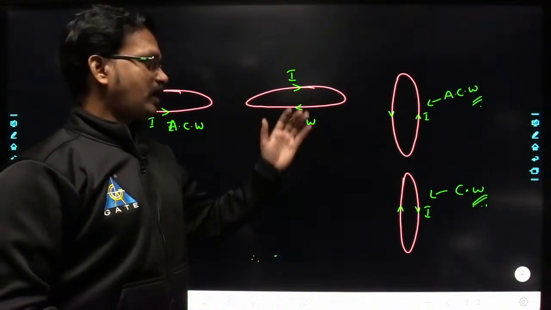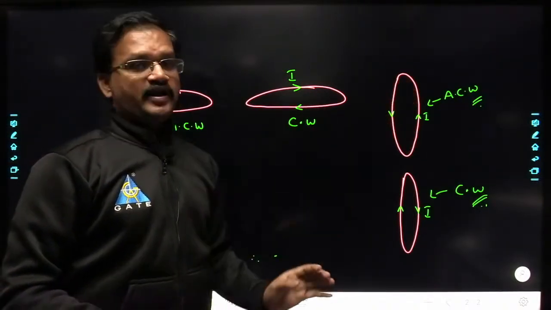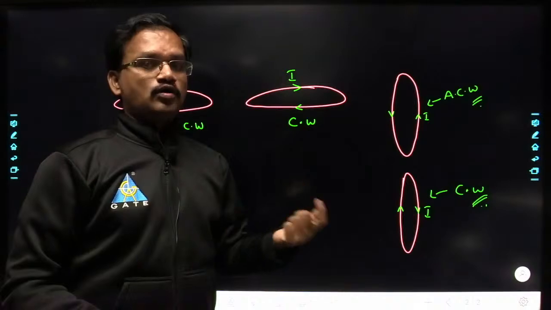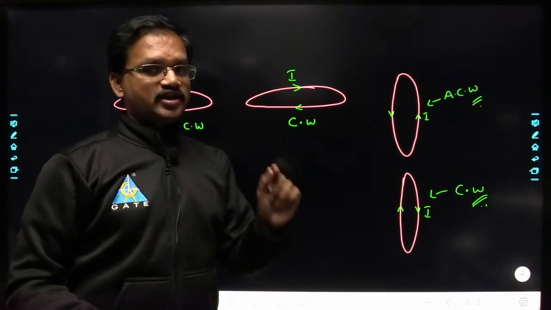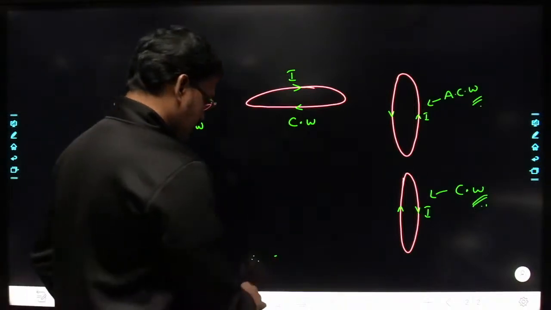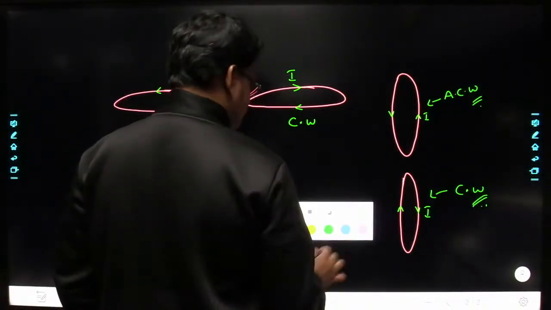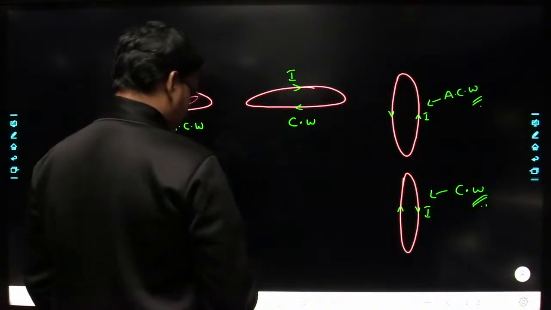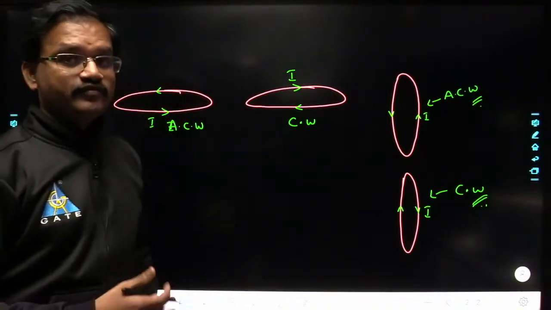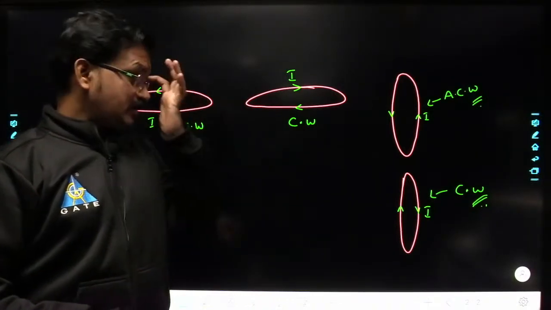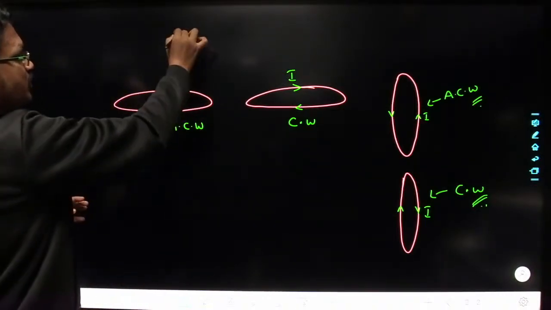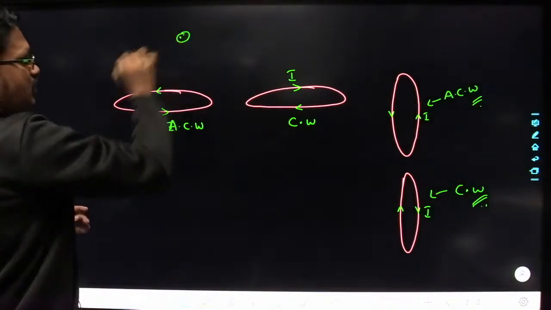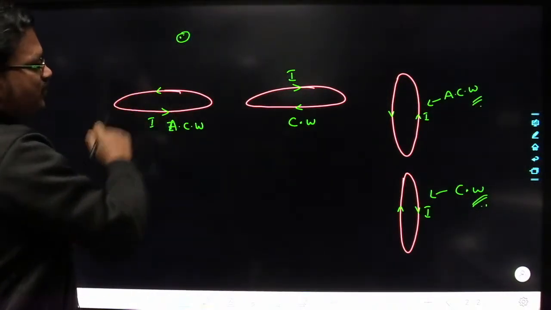Whenever I am explaining, I tell which one you have to choose as anti-clockwise and which one as clockwise. That's what I am mentioning every time. In general, clockwise and anti-clockwise are just conventions that we are following. If a person is watching this loop from the top, for him it appears to be anti-clockwise.